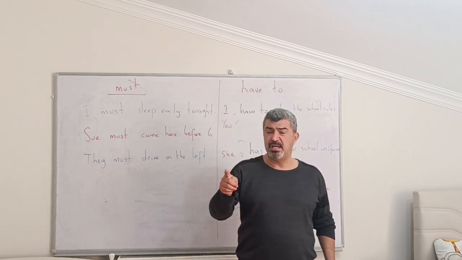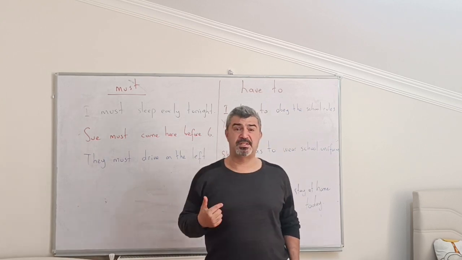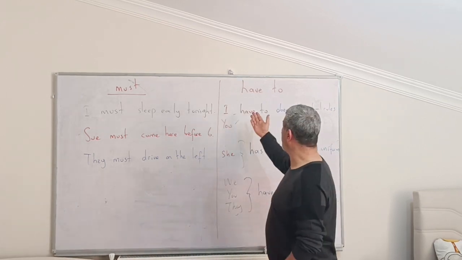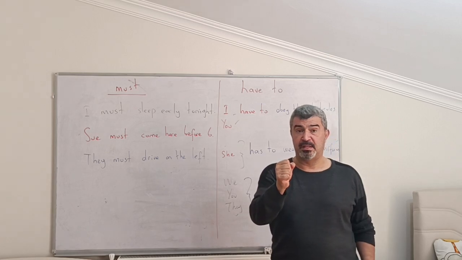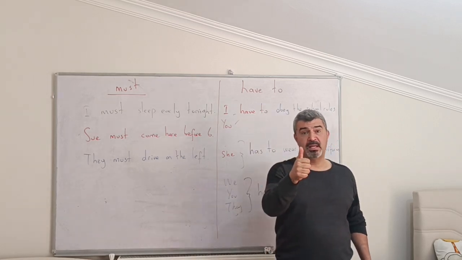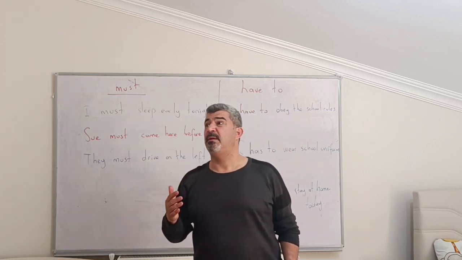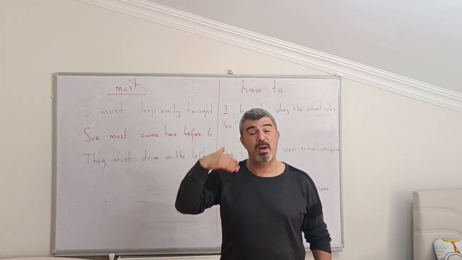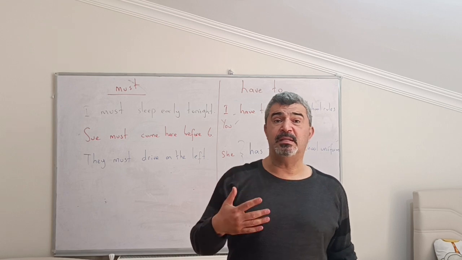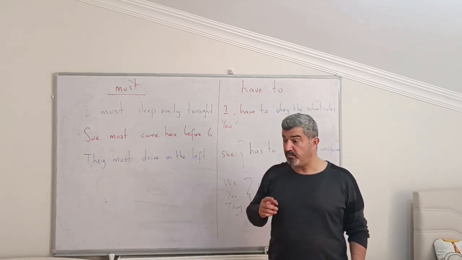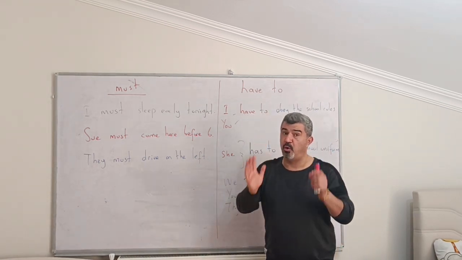It is my opinion, she must apologize. She cursed me. And have to is stronger. Have to is about the rules, about orders that come from outside. It is about the rules, the laws.